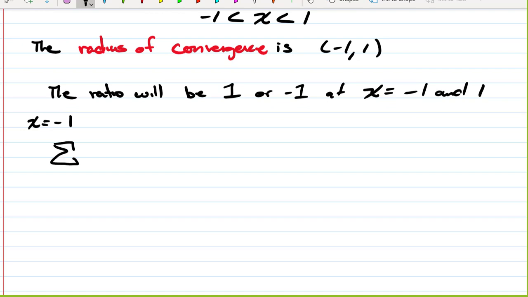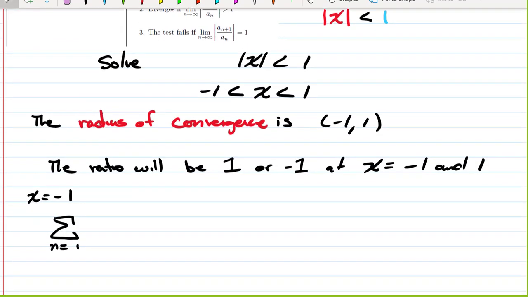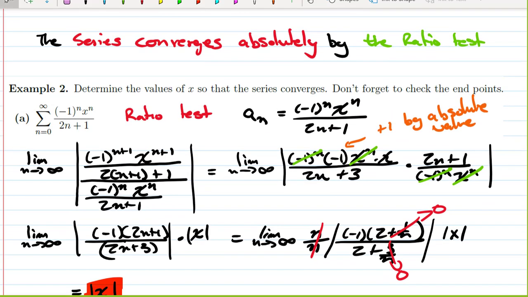So if I put -1 in for x, my series becomes the sum as n goes from 0 to infinity of -1 to the n times my x value, which is -1 raised to the n, because that's my x, all over 2 to the n plus 1.